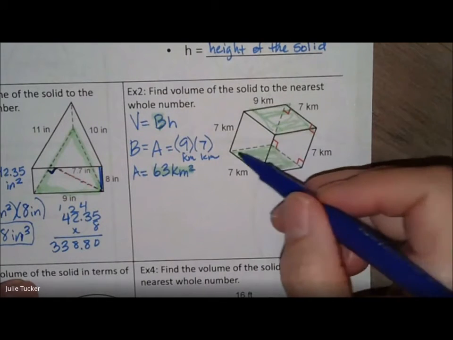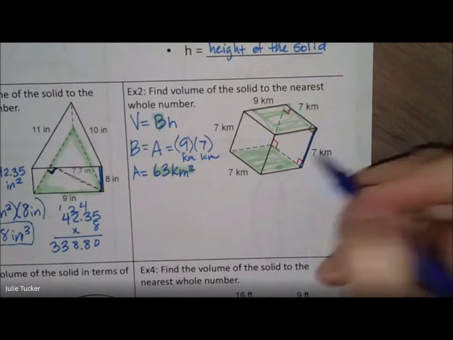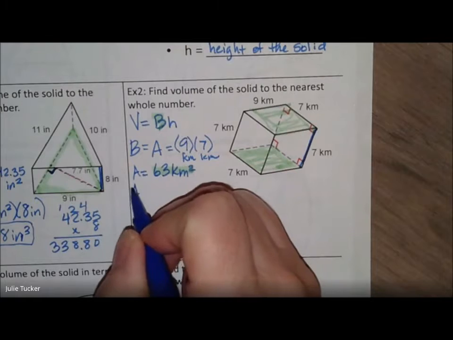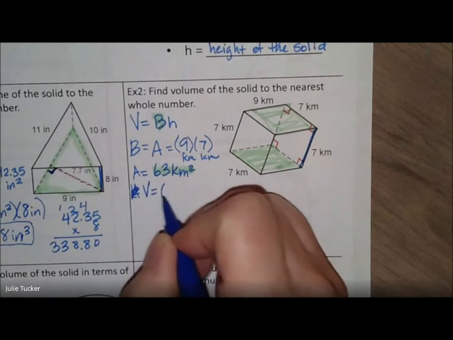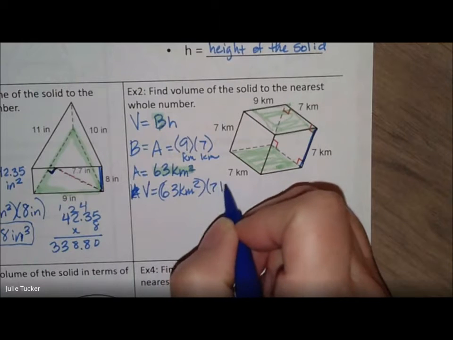If it's sitting on this bottom, how tall is it? Exactly. So V equals 63 kilometers squared times 7 kilometers.